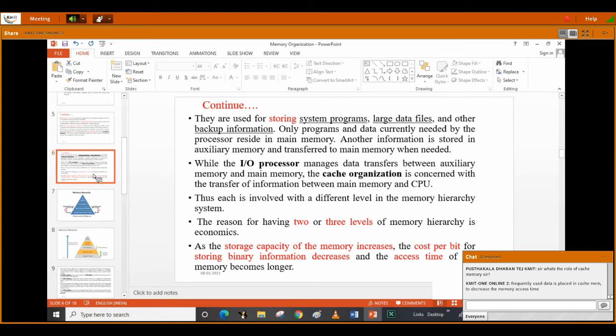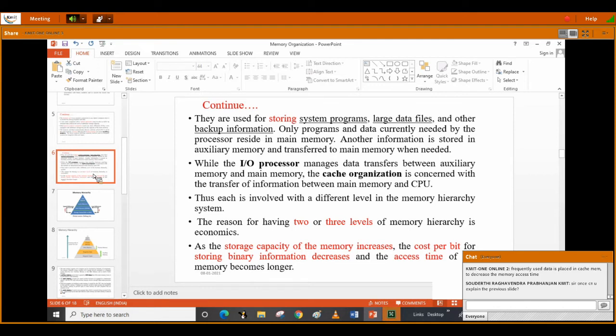Only programs and data currently needed by the processor reside in main memory. All other information is stored in auxiliary memory and transferred to main memory when needed, while the IO processor manages the transfer between auxiliary memory and main memory.